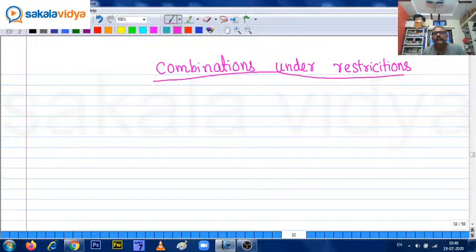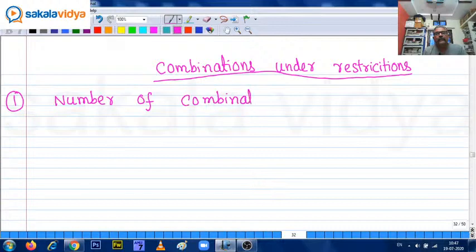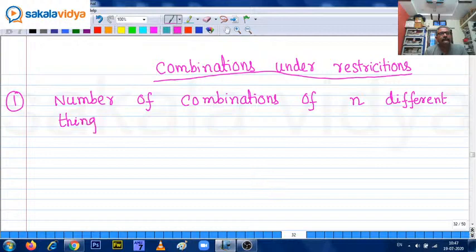First one: the number of combinations of n different things taken r at a time.